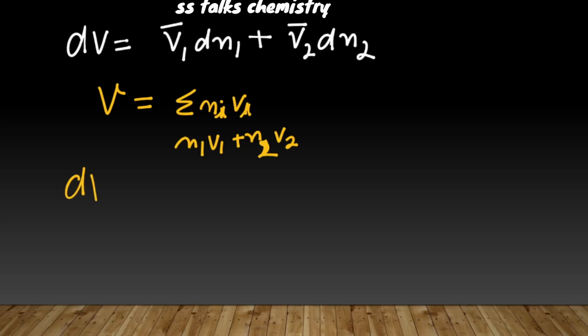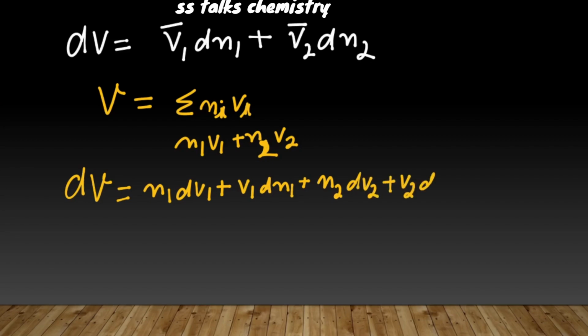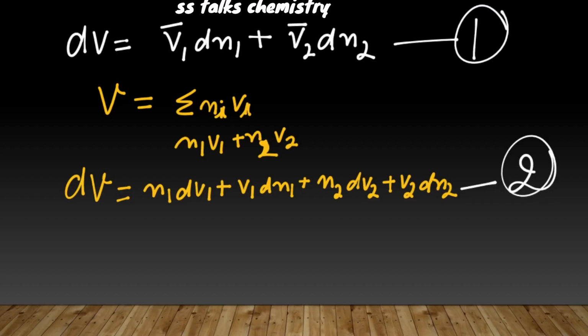So now the complete differential for dV is going to be N1 dV1 plus V1 into dN1 plus N2 into dV2 plus V2 into dN2. And like this we can write it. Now both these expressions 1 and 2 are exact differentials only, so both of these will be equal.